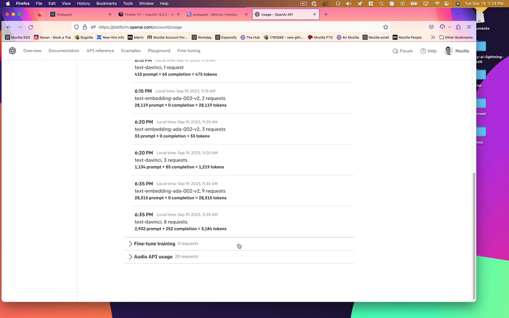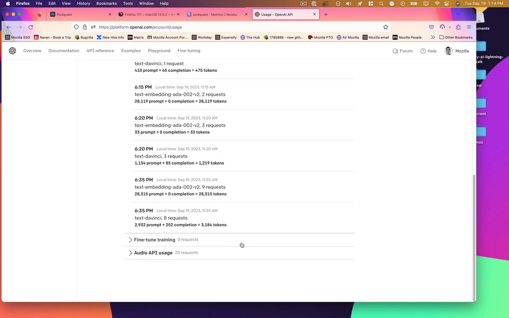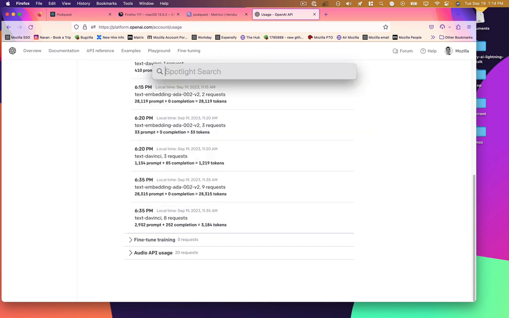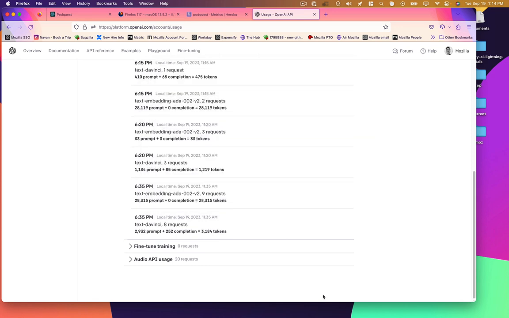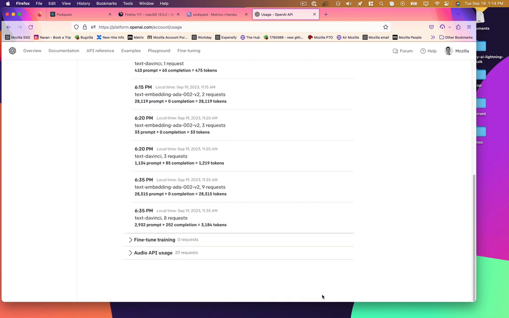So all in all, we've got 28,315 plus 3,184, that's about 31,500 tokens of text. And that translated into about 35 cents. So you can see what we're being charged there.